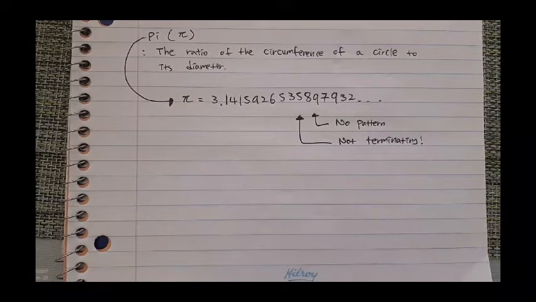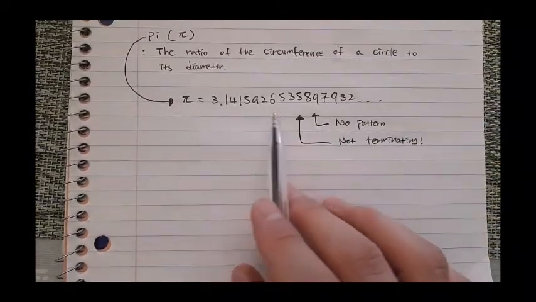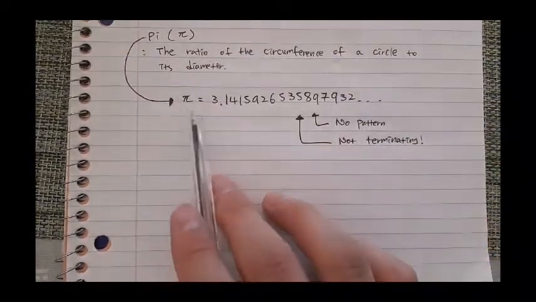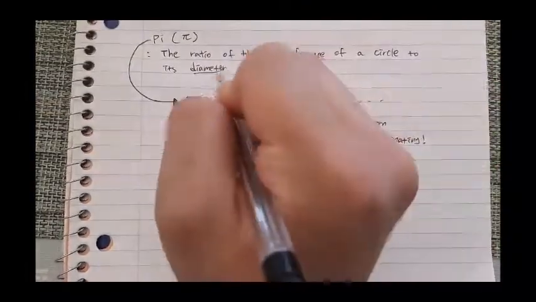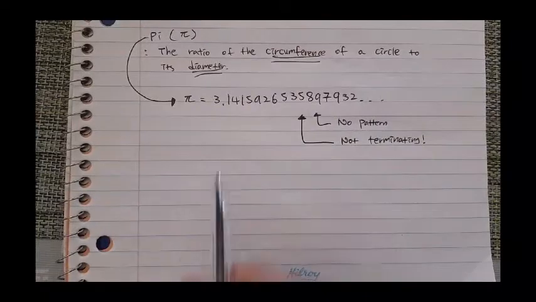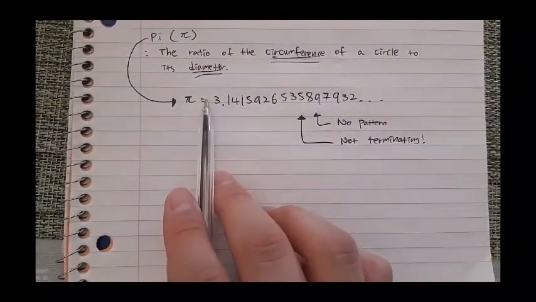Irrational number is basically, like the word suggests, rational means logical, it makes sense to you. Irrational means it's not logical, it doesn't make sense to you. Long story short, we don't know why, whenever we compare the circumference to a diameter, we always get this 3.14 blah blah blah whenever we have a perfect circle.